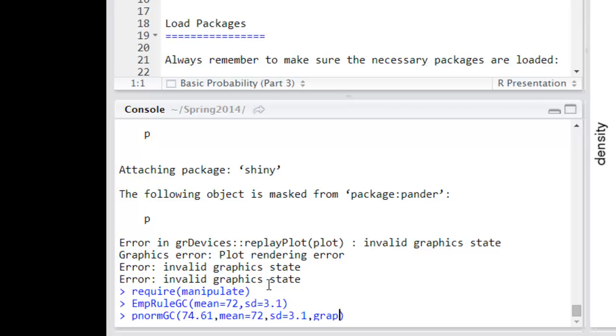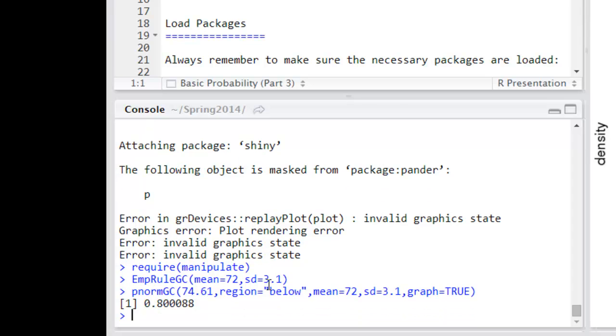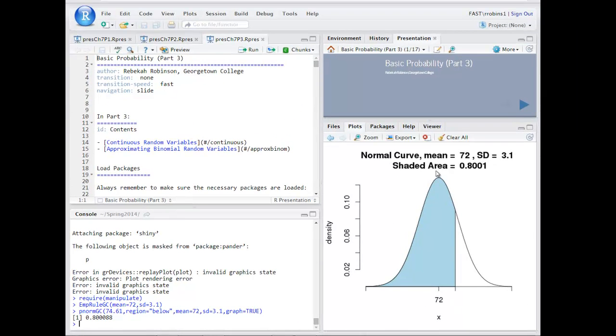And let's output a graph, and I'm missing one thing, the region. So this region is below. I'm talking about a left tail probability. So let's give it a try. Okay, so you see that the probability that's output is 80%, and here you get a graph so you can just verify that the 74.61 was in fact correct.